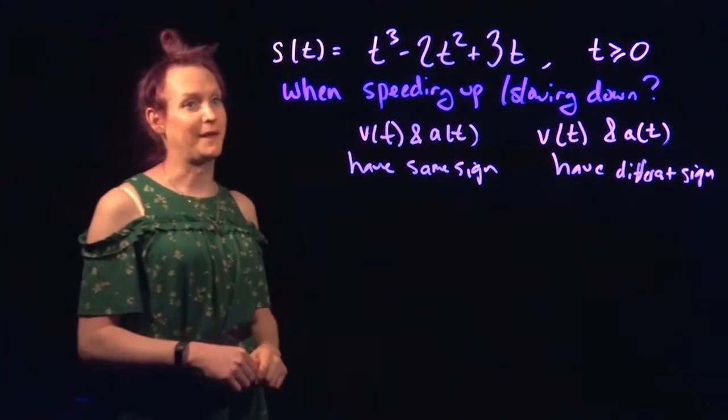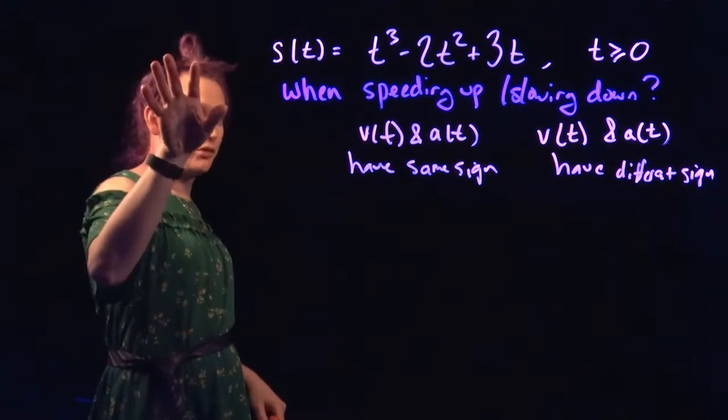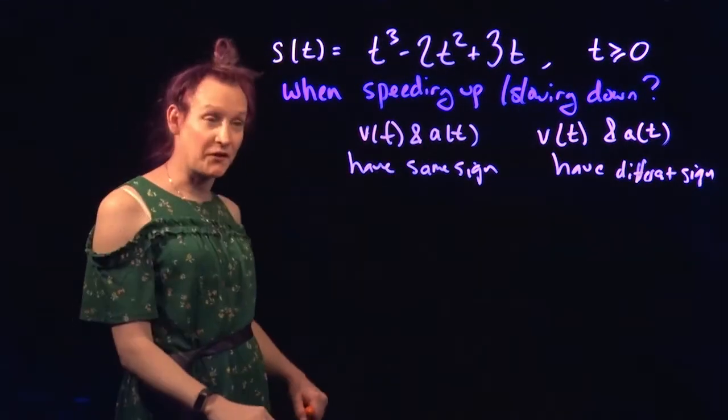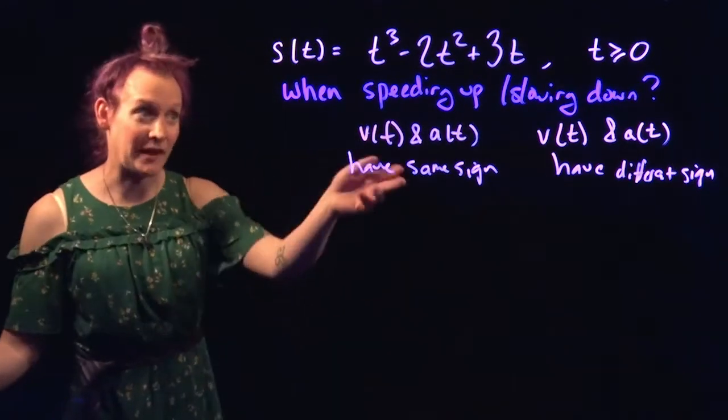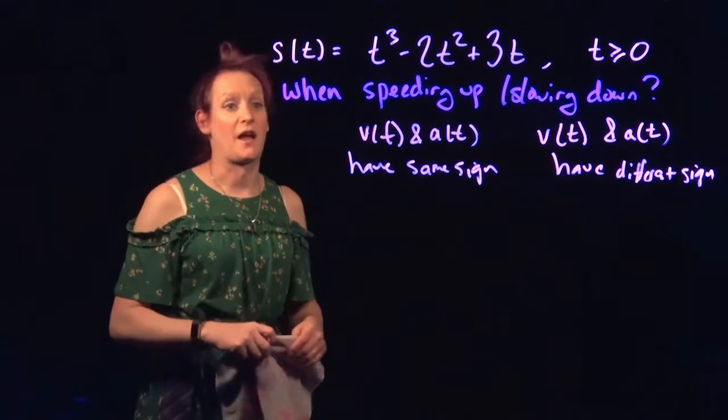So our method is going to be to compute the velocity and acceleration functions and plot them, and then see where they have the same or different signs.